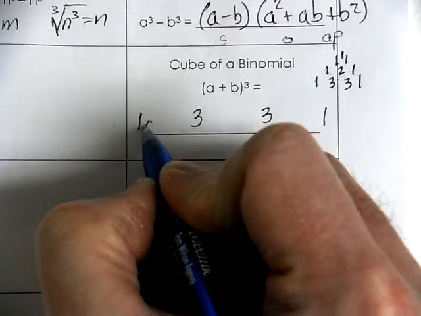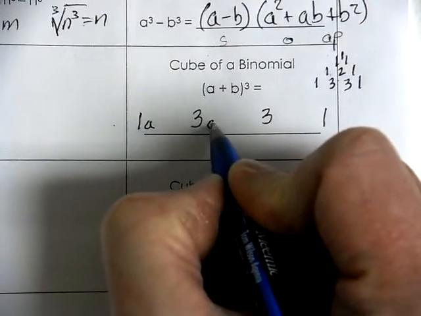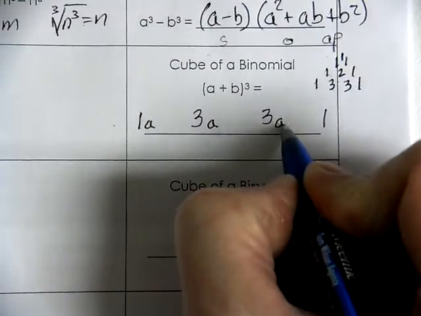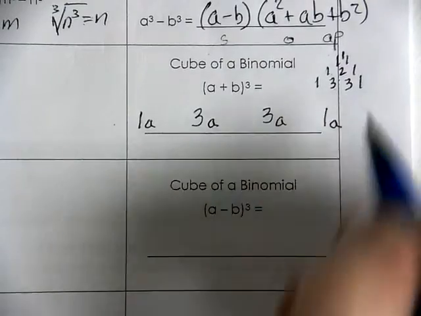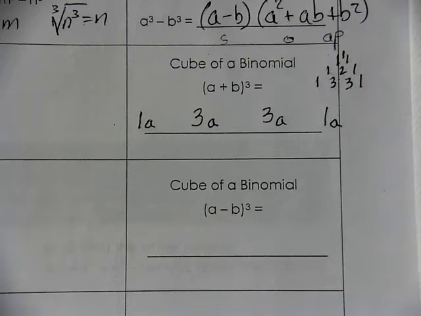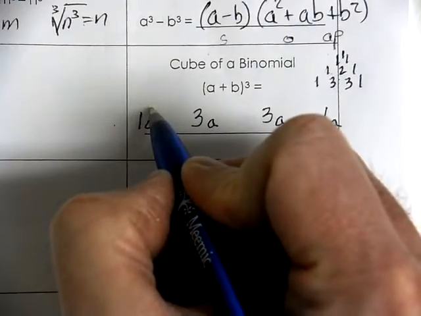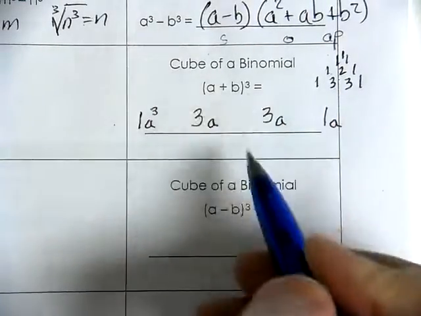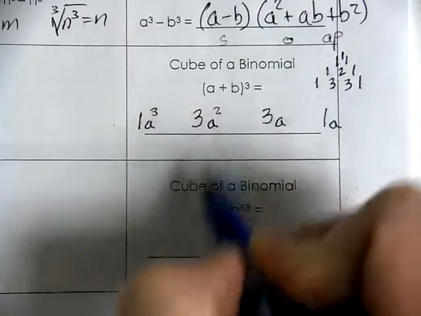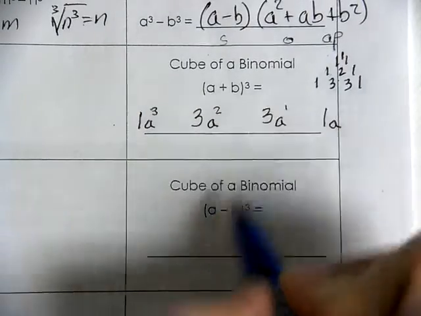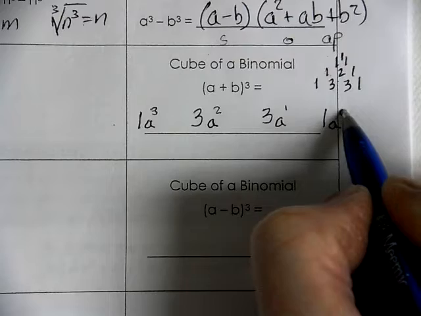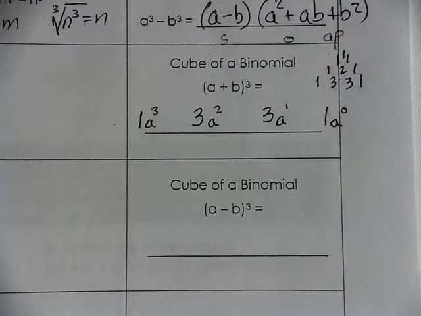Then you take your a term and you multiply it to every one of those values. We're going to take our exponent, because we know this is going to be a cubed, and then a squared, a to the first power, a to the last power, or 0 power. The last one is to the 0 power.